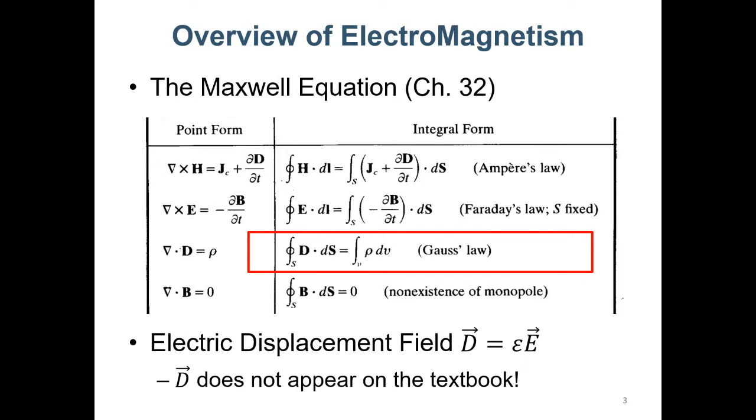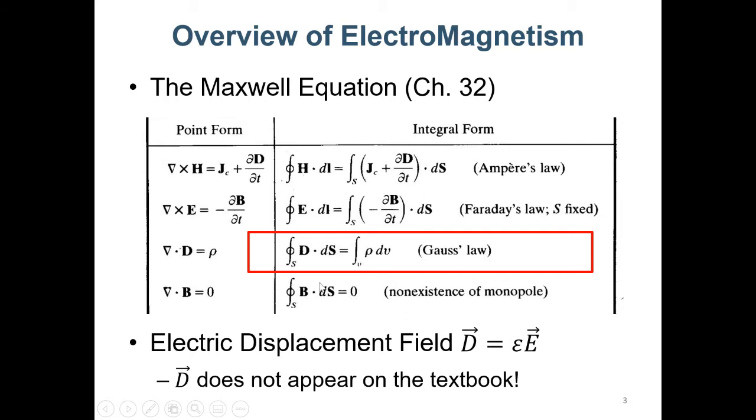This is the overview of electromagnetism. In this semester you learn all of them, and in this chapter you learn Gauss's law, and also another form of Gauss's law, the magnetic version.